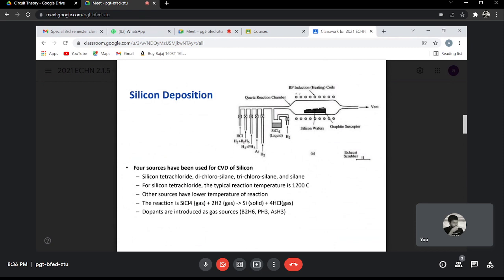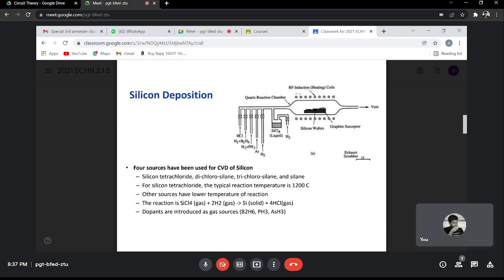Now there are several sources for CVD of silicon, silicon tetrachloride. So what is CVD? Chemical vapor deposition. Chemical vapors are coming down onto the surface and then reacting and forming a solid. Now there's a reaction right there. Can you see that? Silicon tetrachloride plus hydrogen.